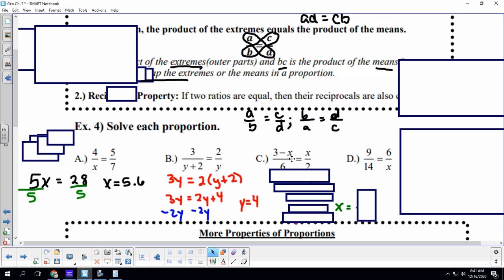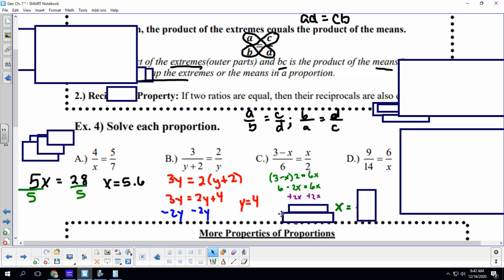So we're going to go 3 minus x times 2 and 6 times x. 3 minus x times 2 equals 6x. Distribute out the 2, so it's 2 times 3 is 6. 2 times minus x is minus 2x. And that's equal to 6x.